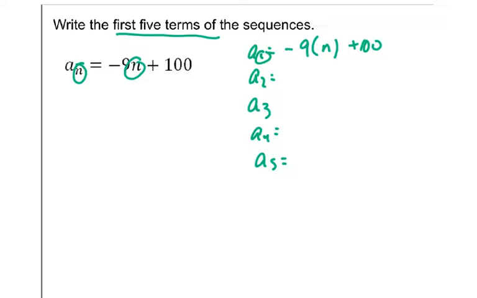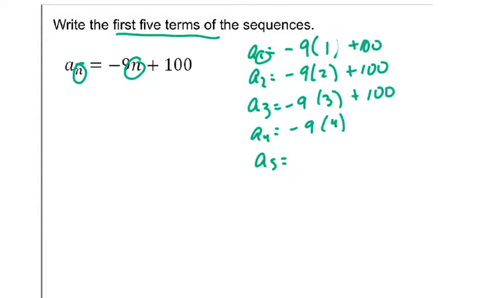So, I guess I should have written a1 right there. And then we'll write a2 for the a sub 2, and then a3, then negative 9 times 4, and then finally negative 9 times 5.